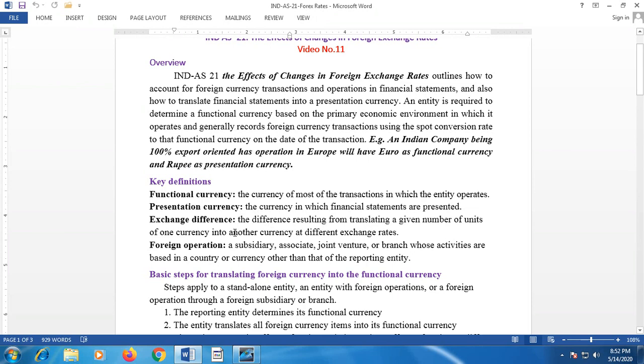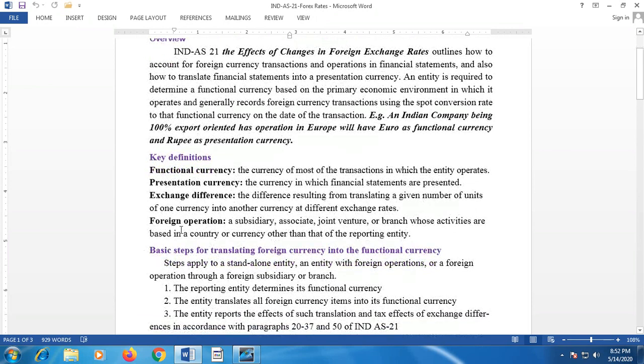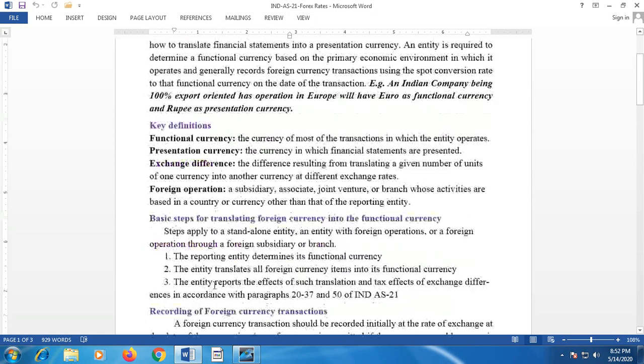Foreign operation: a subsidiary, associate, joint venture or branch whose activities are based in a country or currency other than that of the reporting entity. For example, an Indian company may have a subsidiary company, associate or joint venture in a foreign land, or it may have a foreign branch, then it will have foreign operations.